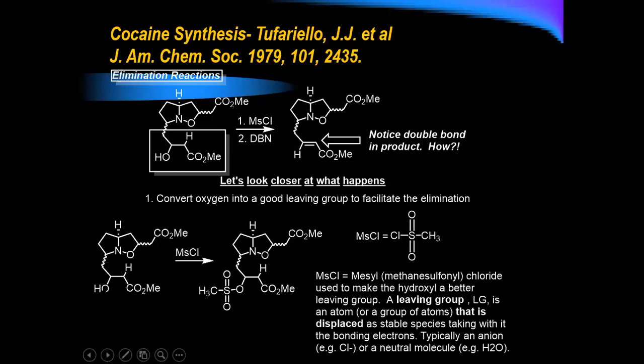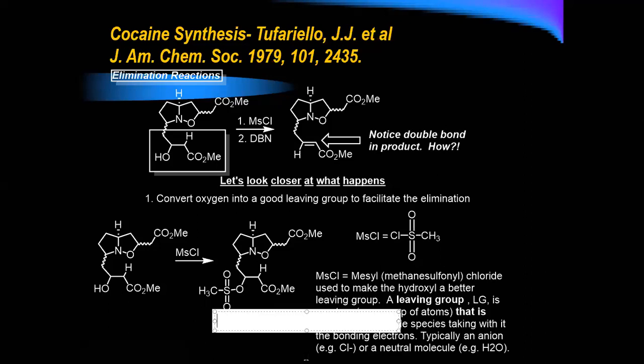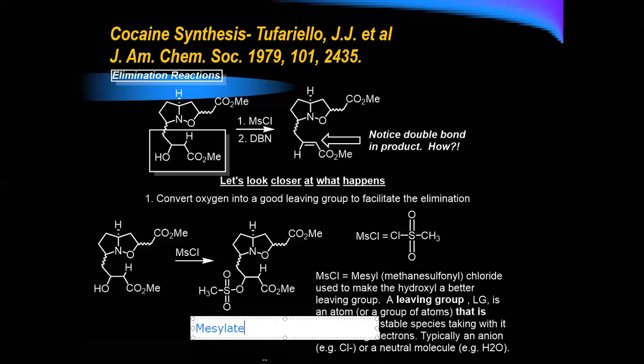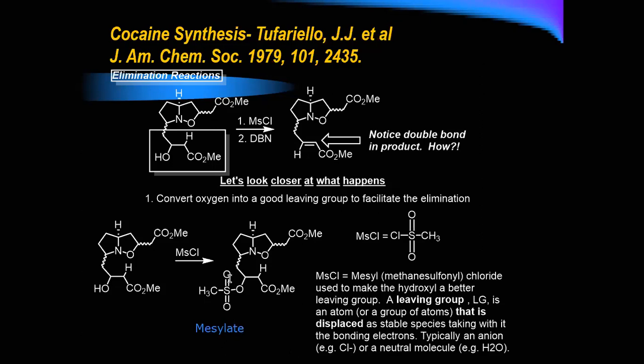So the alcohol basically adds to the sulfonyl, and it's like an addition/elimination, right? And so this is what you end up with. We call this a mesylate. That mesylate, in essence, makes the alcohol a better leaving group.